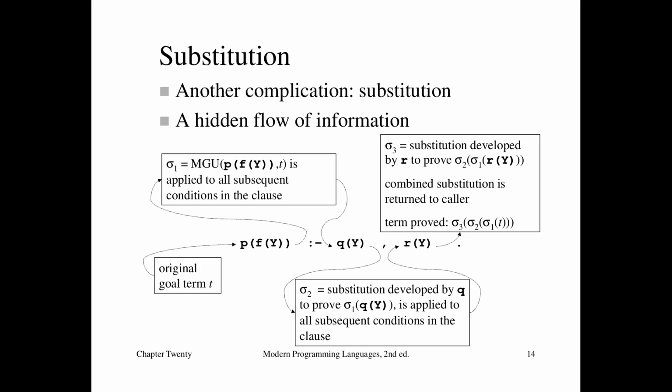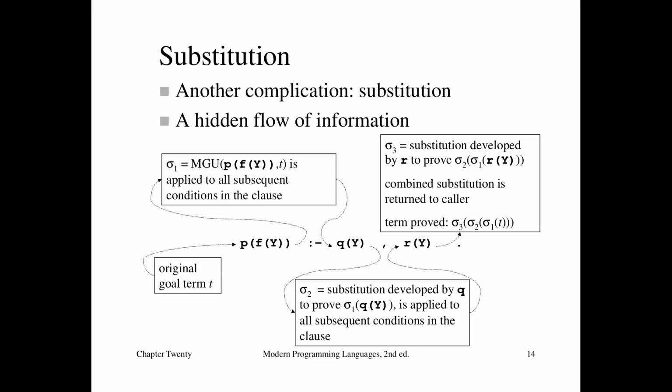The other complication is this concept of substitution. We talked earlier about what substitution is, which we define as part of unification: we have some function mapping variables to terms such that if I apply the function to both sides of the equation, they would be equal.